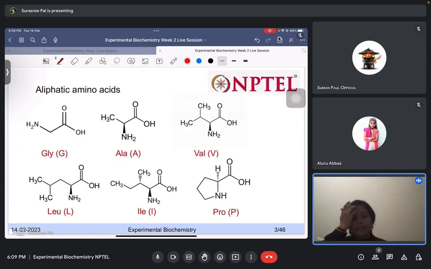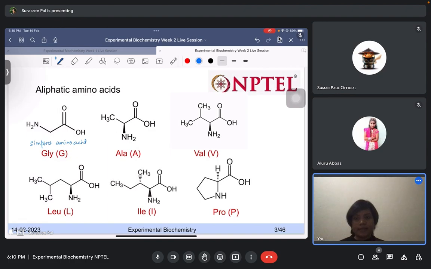So first let's talk about these aliphatic amino acids. You can see that among the aliphatic amino acids, first of all, the simplest amino acid is glycine. And you can see the structure.